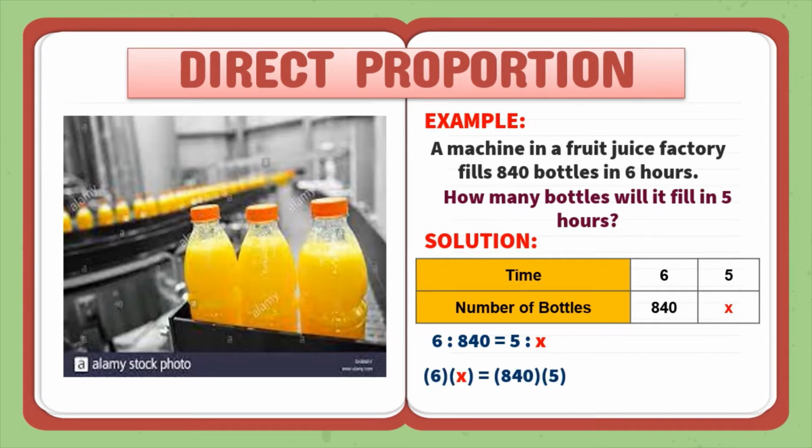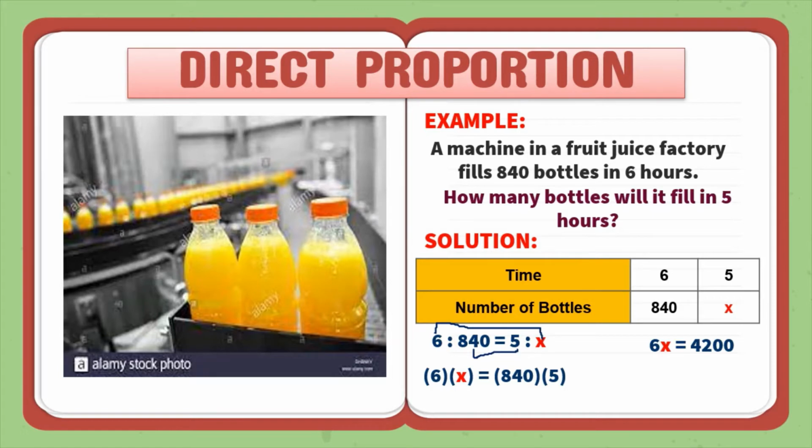6 times x. So, this will be the extremes, the first and the fourth terms. And then, means. We just multiply and find their products. So, 6 times x, that is equal to 840 times 5.